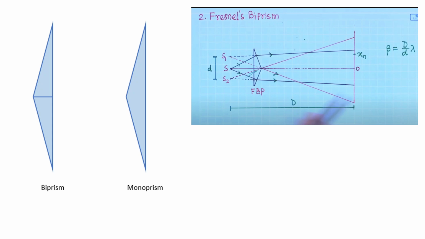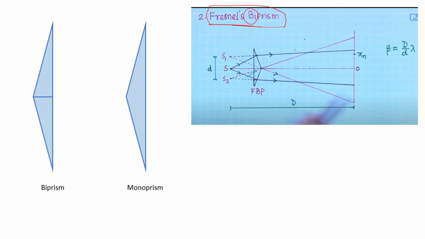Okay, so now let's understand, after Young's double slit experiment, there is something known as Fresnel's biprism. As the name biprism tells us, we are talking about two prisms together.